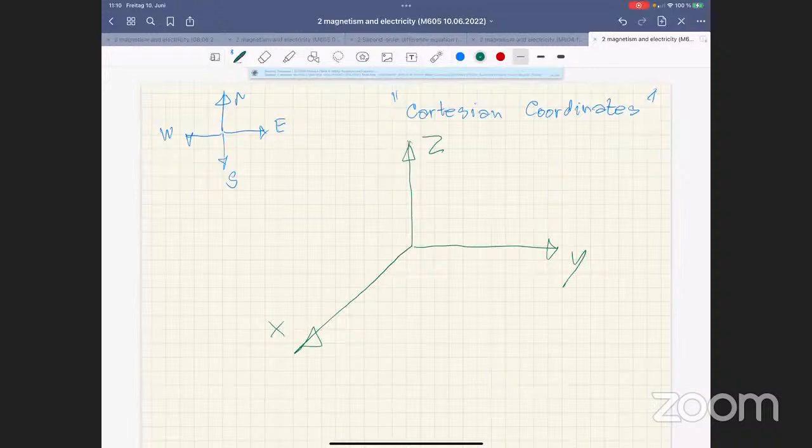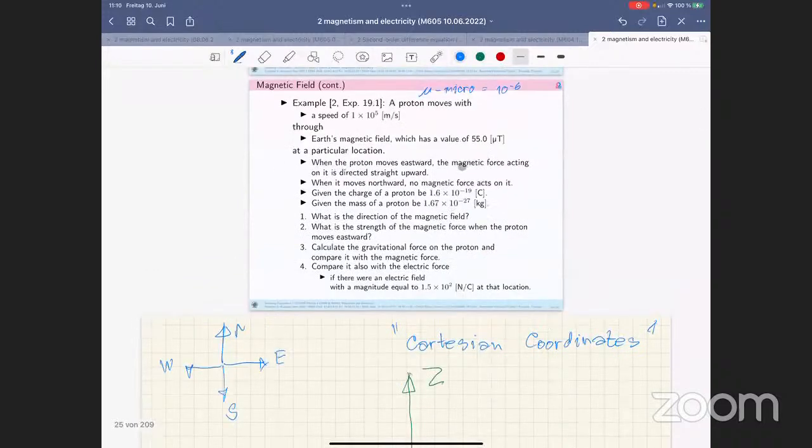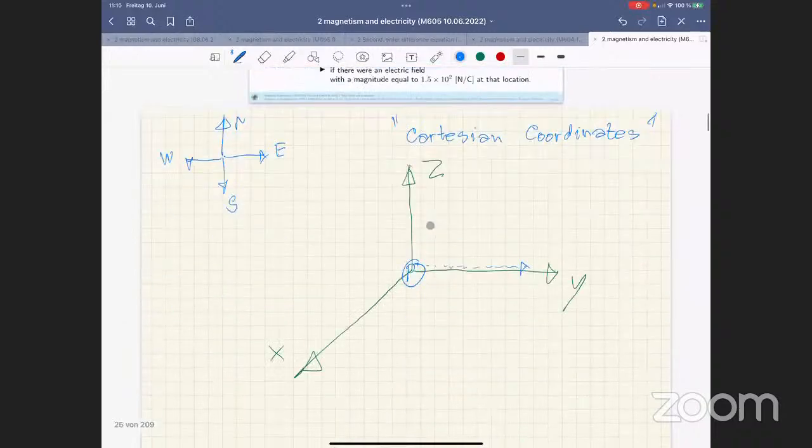Your proton moves in this way to the east, because east is to the right. Here you are in the satellite looking down onto this plane, and here is the motion of the proton. They say there is a magnetic force that acts on it, and it is directed straight upward. What does that mean?